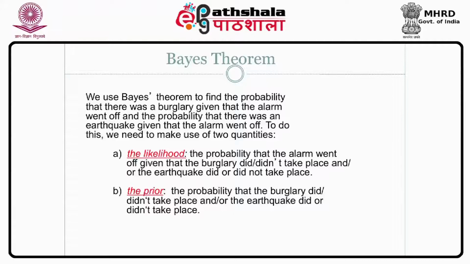We have the information for that. So the likelihood is the probability that the alarm went off given that a burglary did or didn't take place, and an earthquake did or didn't take place. The prior is the probability that the burglary or earthquake did or didn't take place.